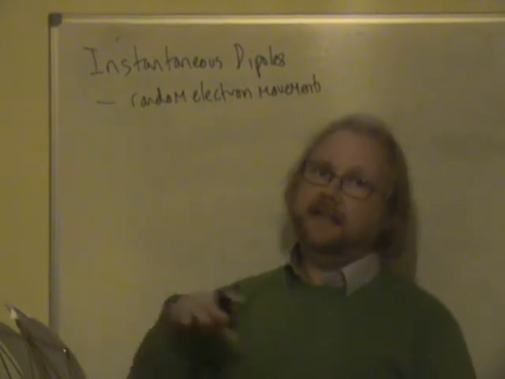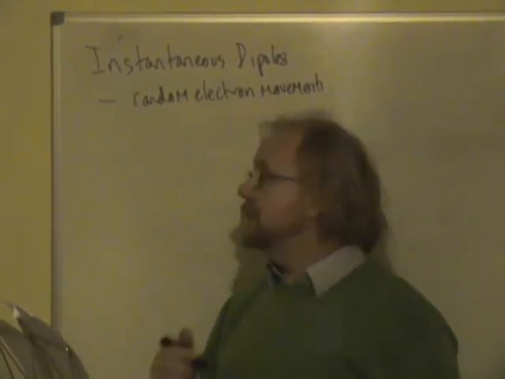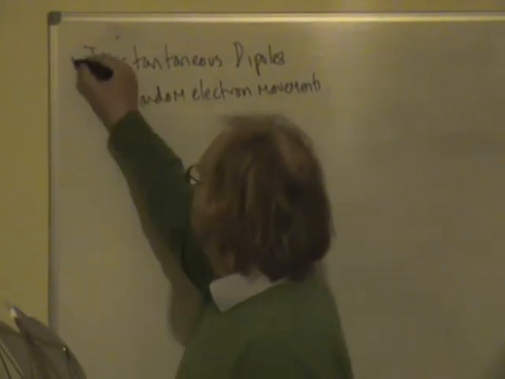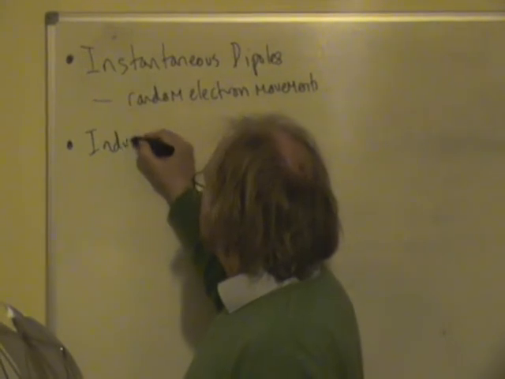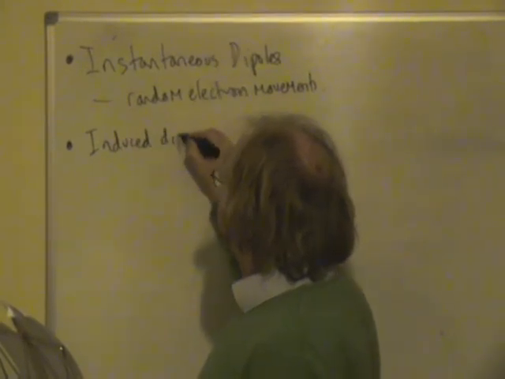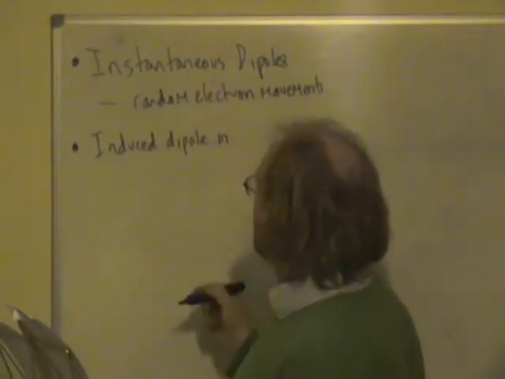Then, in nearby molecules, the electrons move in sympathy with that, and that's called an induced dipole. So we get an induced dipole in nearby molecules as a result of the instantaneous one in that molecule.